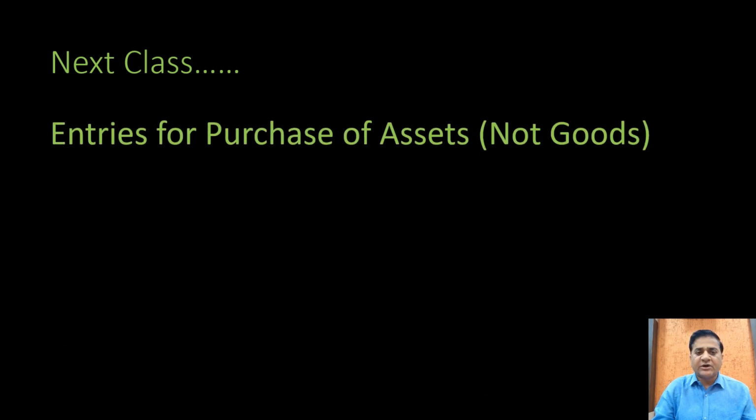In the next class, we would be talking about the entries of purchase of assets, not the goods. Till now, we have discussed the items which are purchased for the purpose of resale in the business, which are called goods. In the next class, we'll be talking about the purchase of assets.